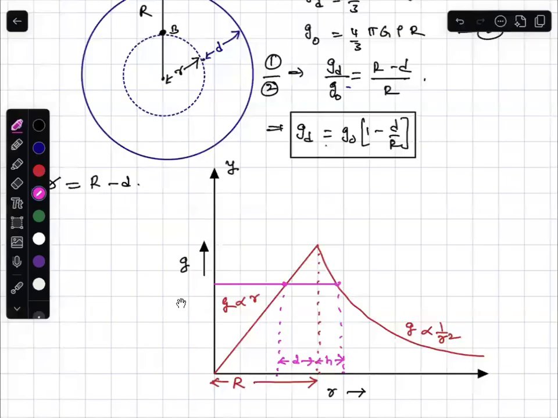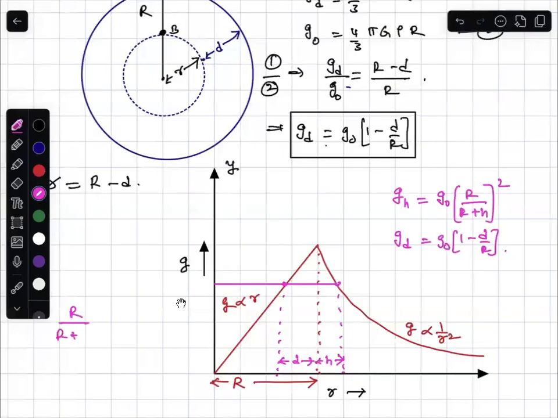So for example, what is g_h? Just now we have written g_h is g naught R by R plus h whole square. And g_depth is g naught (1 minus d by R). So what you will do is equate both. By equating both, what you will get?